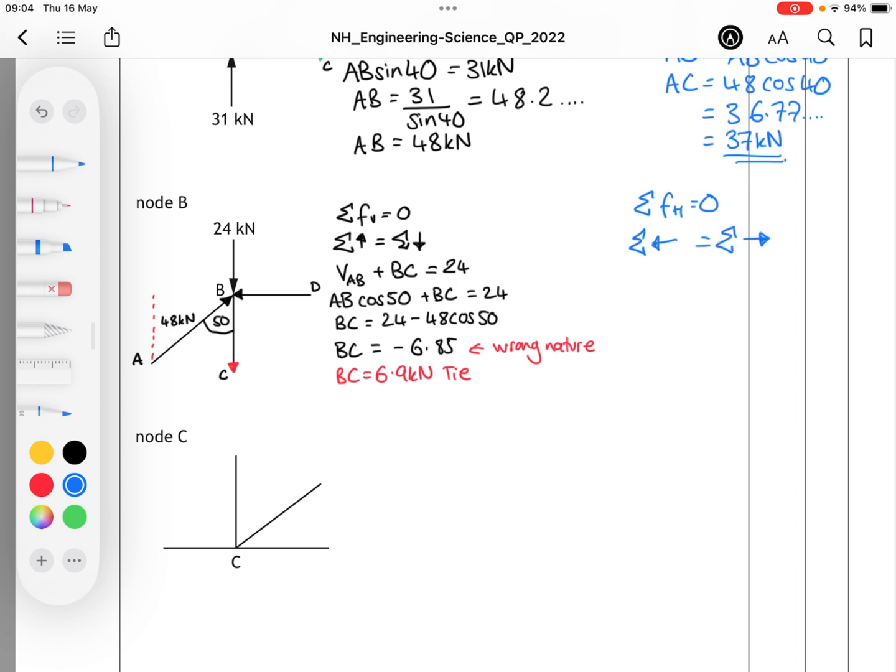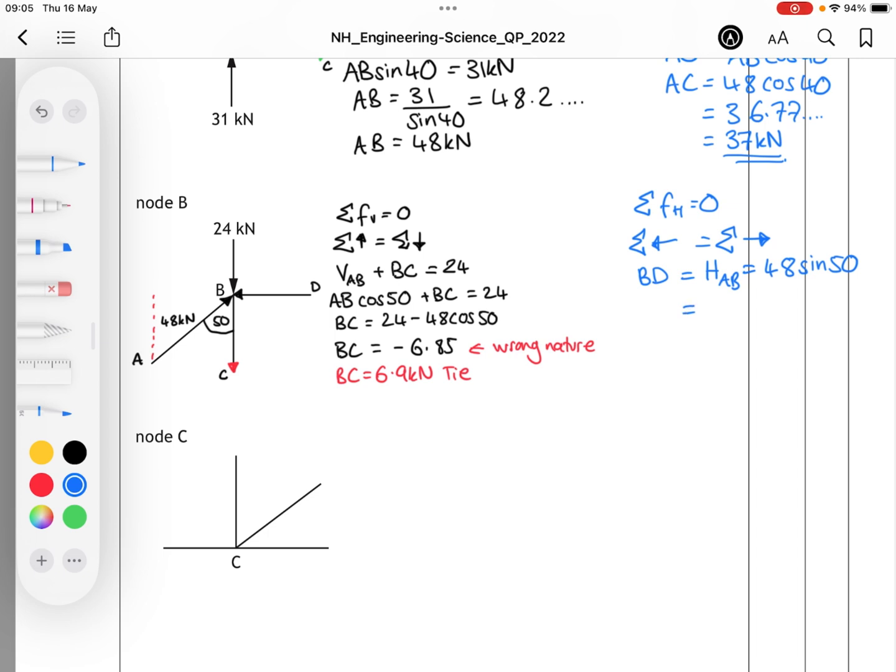And again, I've made it that way so that I can put BD onto the left-hand side of my equation. So BD is equal to the horizontal component of AB, and the horizontal component of AB is 48 sine 50.